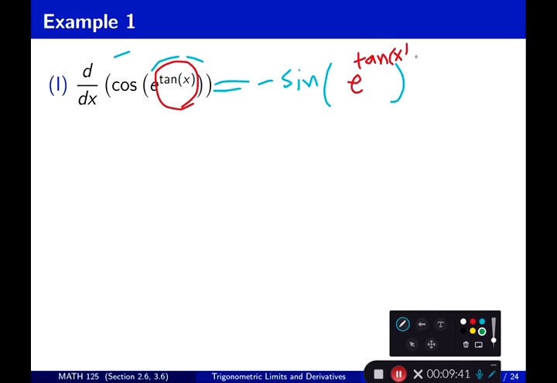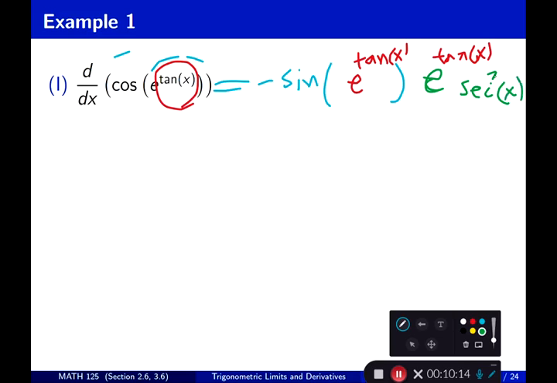So I will get the exponential and then to the power the inner function unchanged. The inner function of this part is tangent of x. Then I have to have the derivative of tangent of x. The derivative of tangent of x is going to be secant squared x.